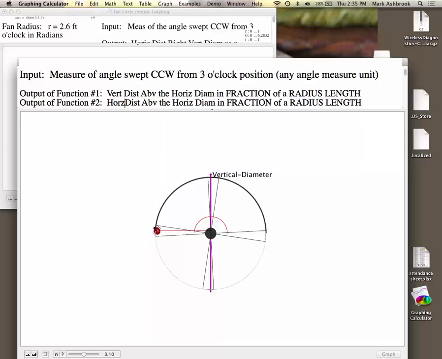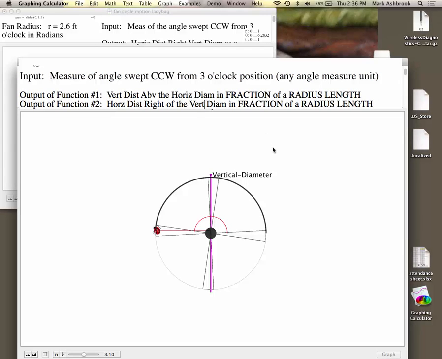Horizontal distance right of vertical diameter in fraction of a radius length. 2 functions, they both have the same input, but their output is going to be either a vertical distance above the horizontal diameter in fraction of a radius length, or horizontal distance to the right of the vertical diameter in fraction of a radius length.